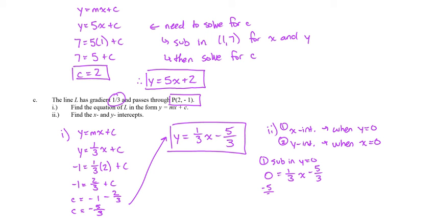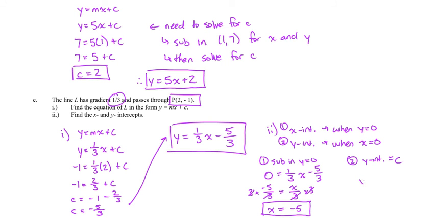So I'm going to get -5/3 equals x/3, or 1/3 x. And if I multiply both sides by 3, these will cancel out, and I'll just get x equals -5. So that's my x-intercept. For the y-intercept, it is true that it's when x equals 0, so I could sub in x equals 0, or I can just remember that it's equal to the c value.